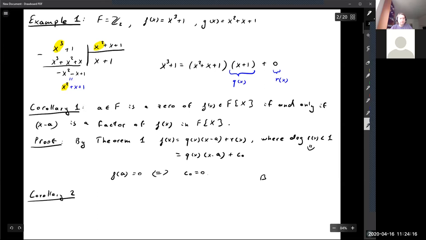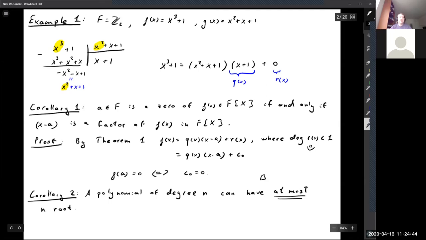corollary 2: a polynomial of degree n can have at most n roots.